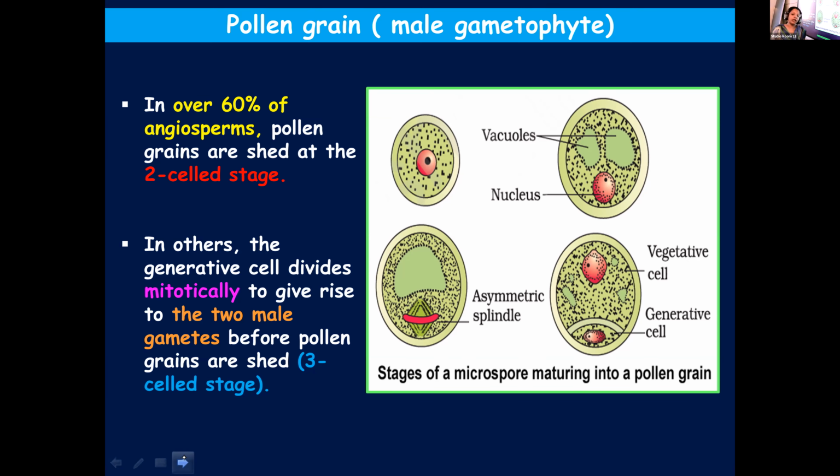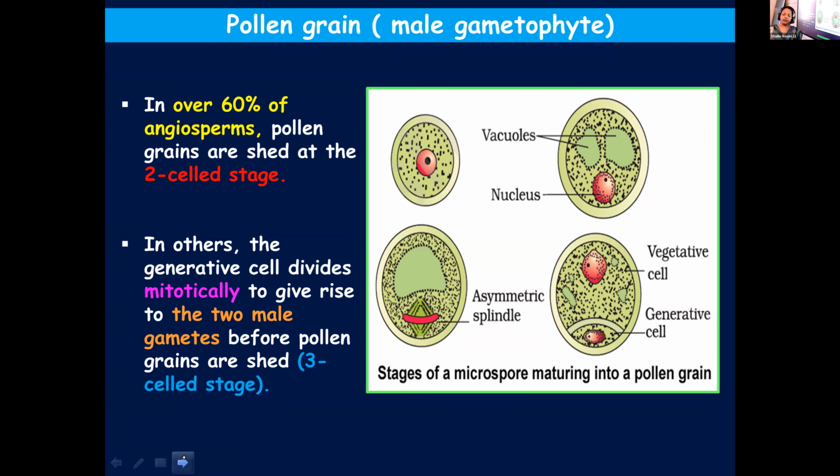And when are the male gametes formed? When the pollen lands on a suitable stigma, germinates, and forms a pollen tube. At that time, the generative cell will undergo mitotic division and form two male gametes. Till then, when they are falling on the stigma, they'll just have two cells.